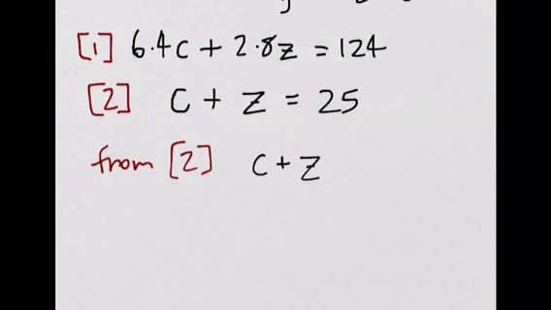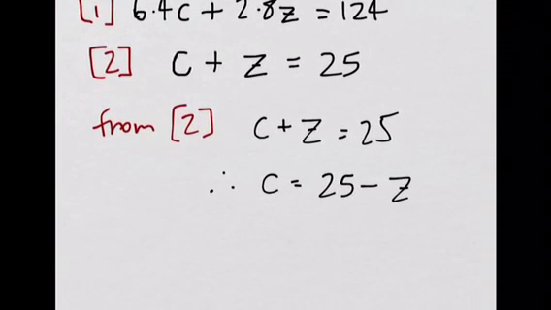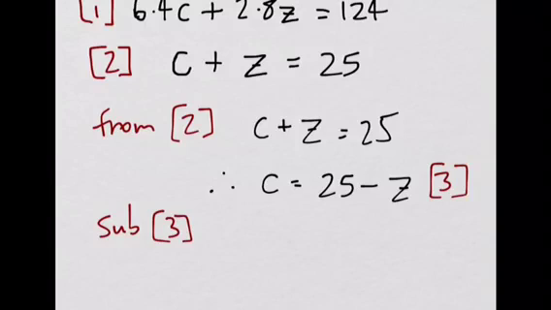Therefore, let's use C: C equals 25 minus Z. We'll call that equation 3. Sub 3 into 1.